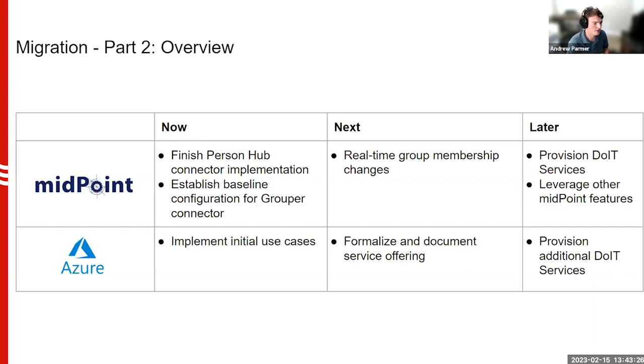Unicon has provided a connector for getting groups into midPoint, and we are hoping to use the official Evolveum connector when that comes out. In the future with midPoint, we plan on getting LifeSync working and then finally offering provisioning to service owners.